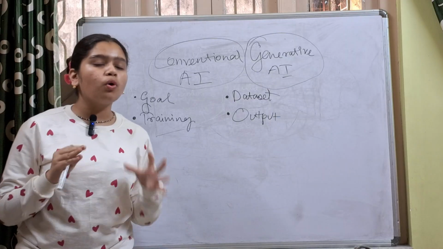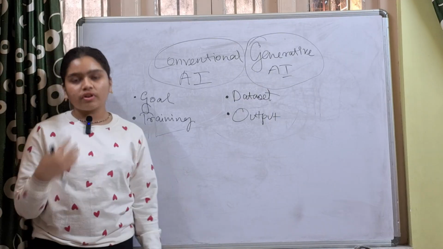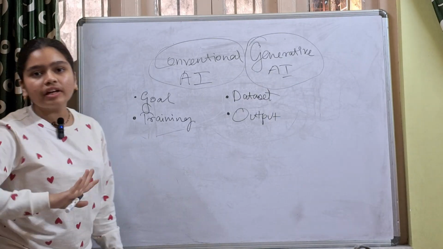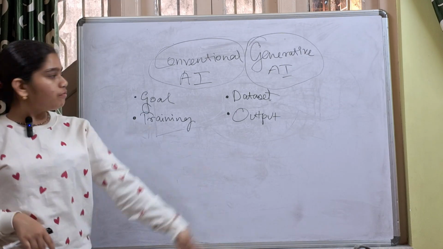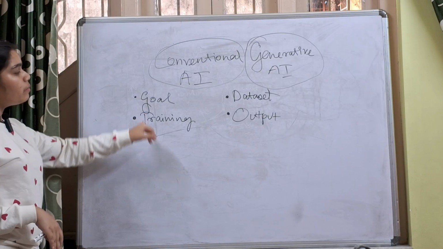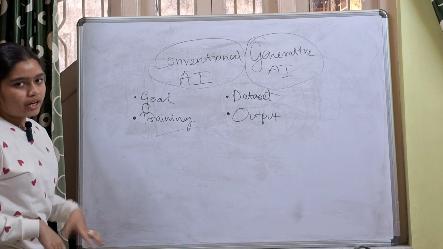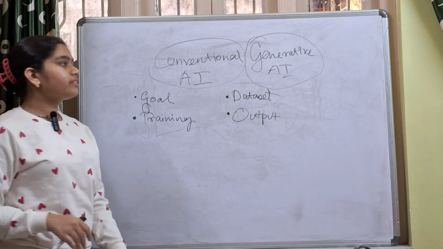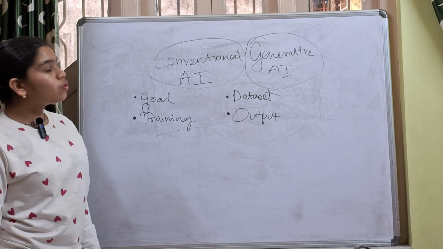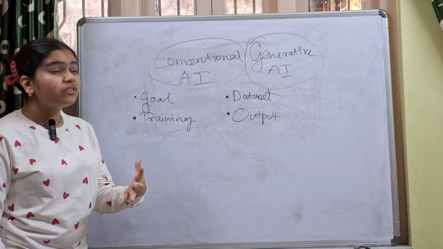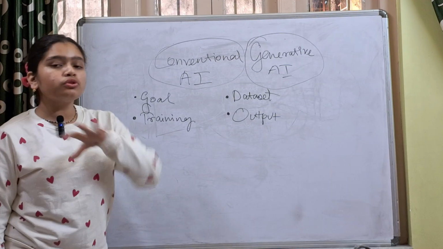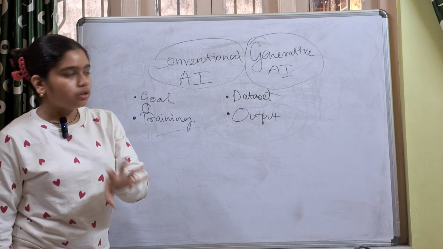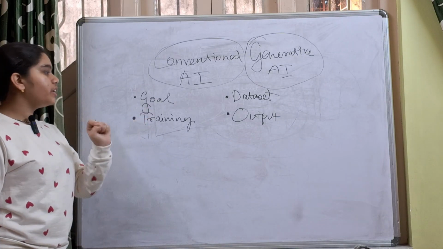Conventional AI's goal is to analyze, process and classify the images to improve its accuracy, precision, recall, F1 score, all of this. That is the goal of conventional AI, to classify, to cluster, like that. But for generative AI, the goal is to generate new content which looks realistic, or which is very close to the original content.